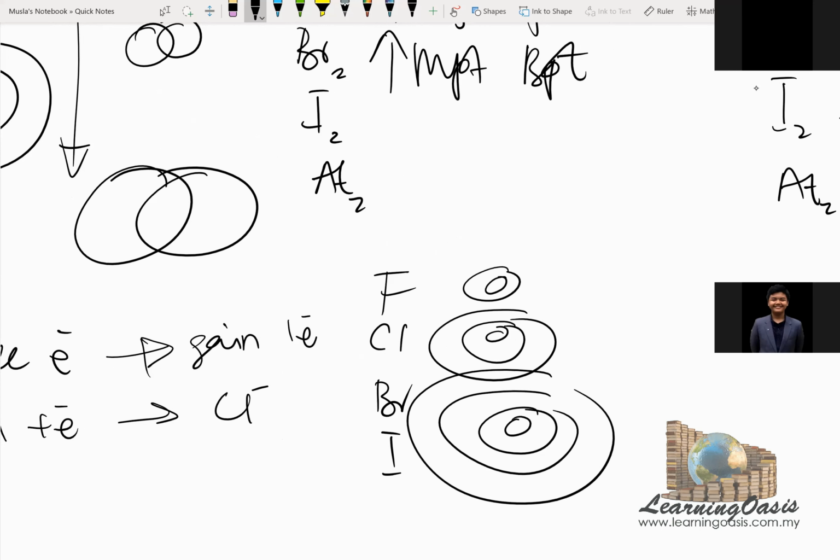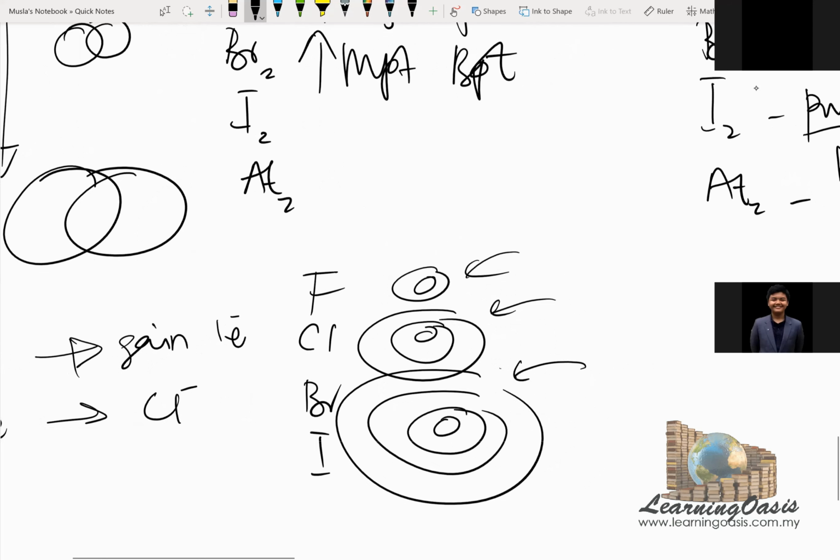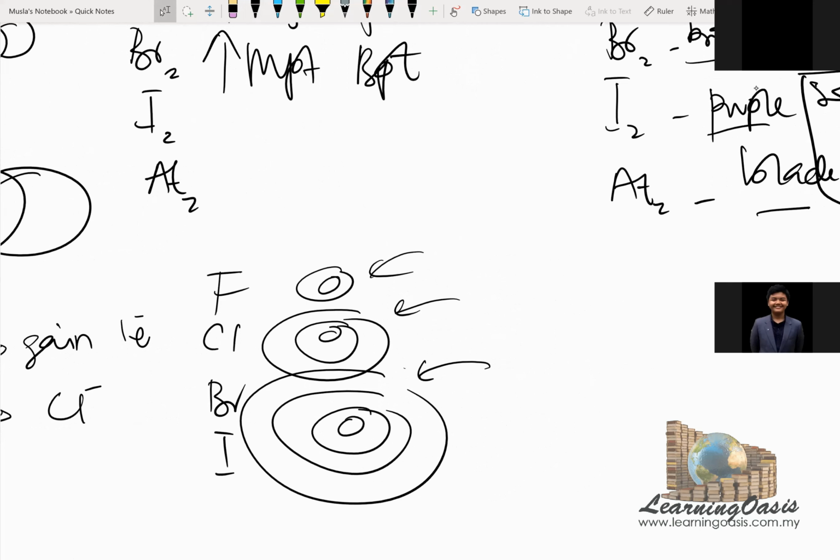Now, is it easier or not for them to gain electron as they go down? As the number of orbitals increases, shielding effect increases, will it be easier or not for the atom to gain electron? Harder, because of the shielding effect, it gets harder for them to gain electron.